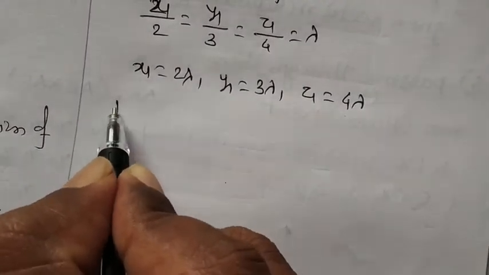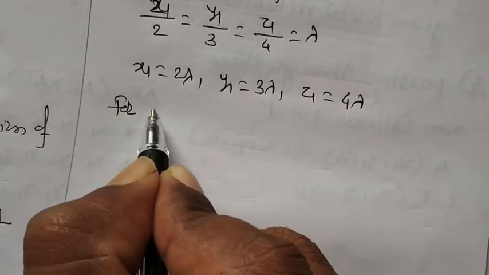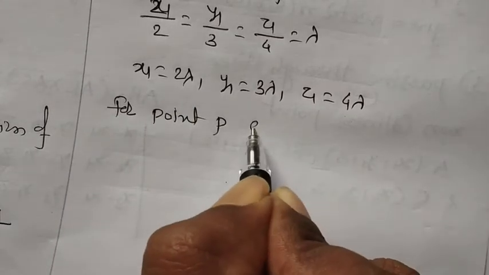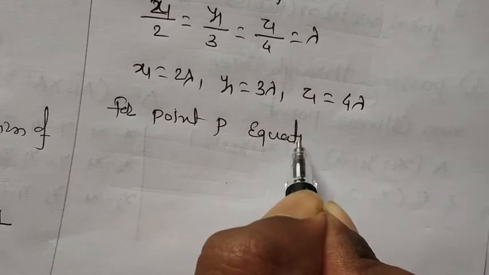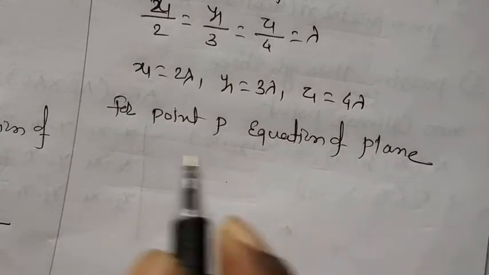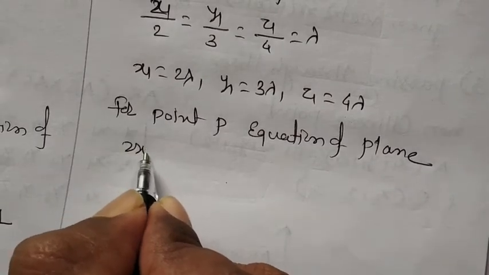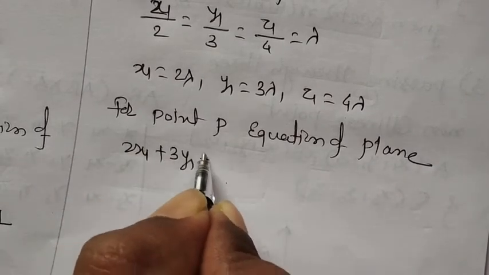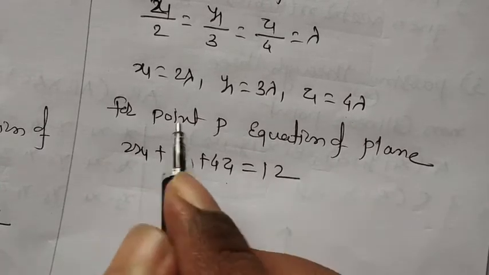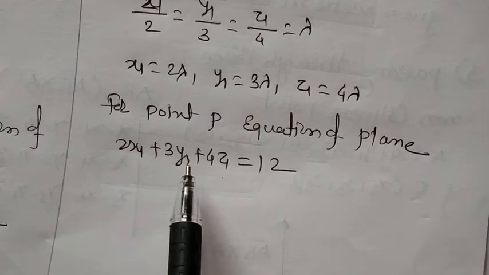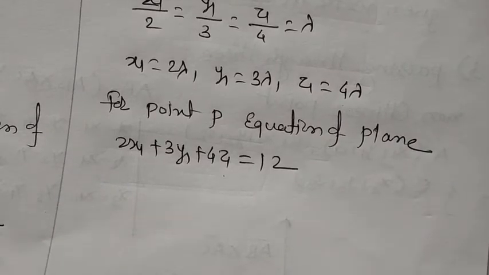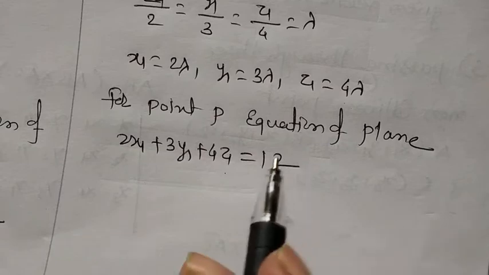Then for point P, the equation of the plane is 2x1 plus 3y1 plus 4z1 is equal to 12. Just changing x equals x1, y equals y1, z equals z1, because the point is on the plane.